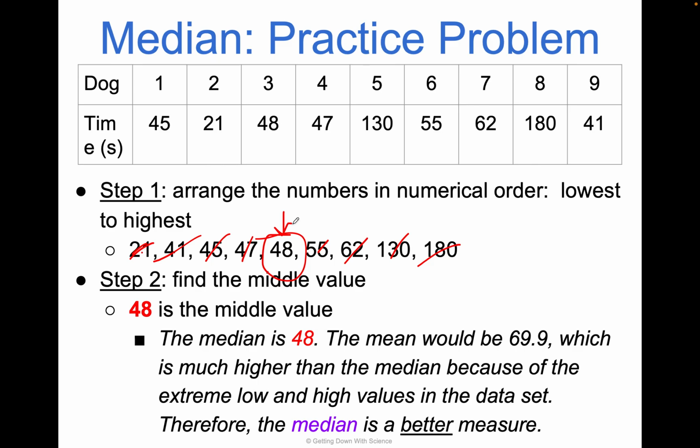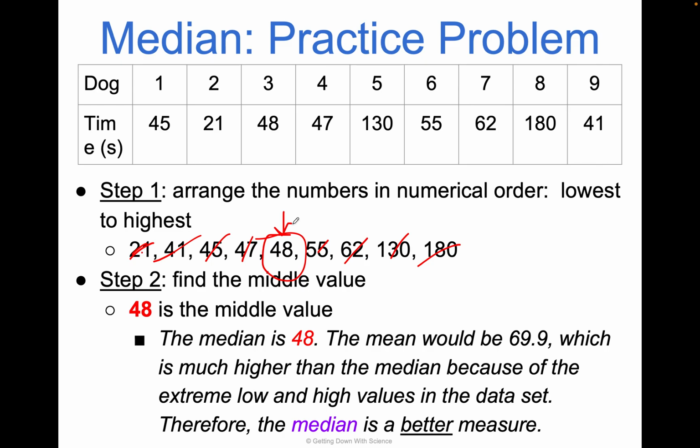The mean, if we were to get the average of this, is 69.9, which is a little bit higher than the median because of those extreme low and high values. So the median is actually a better measure to describe this data, right? If we take the average, it just kind of blows the median out of the water.